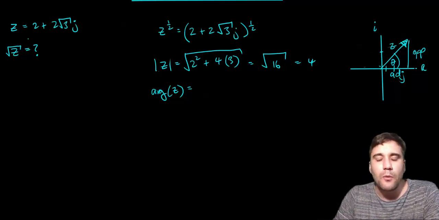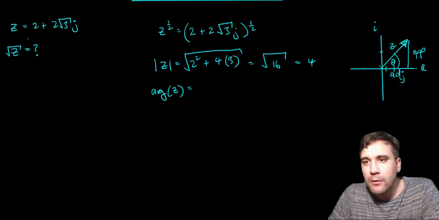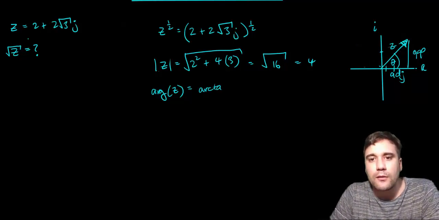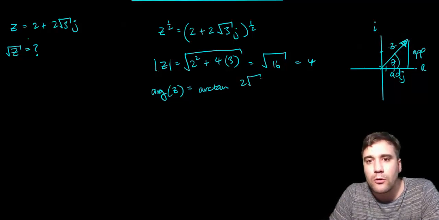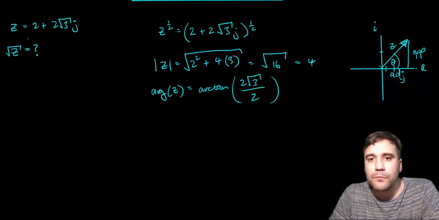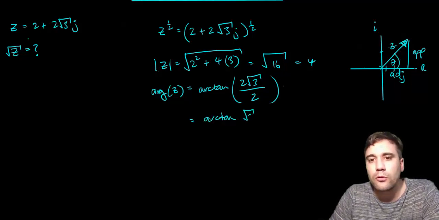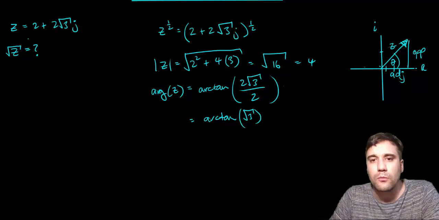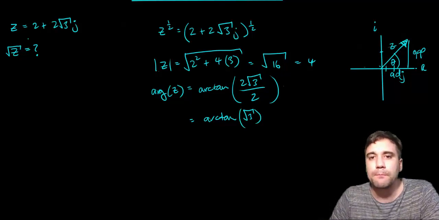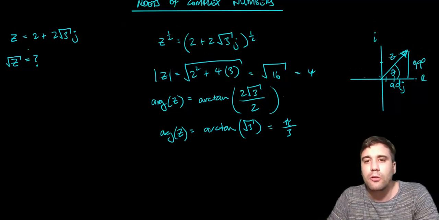So I won't dive into that, but the argument of z is going to be arctan of opposite over adjacent, so that'll be the imaginary component over the real component, which is going to be equal to arctan root 3, because the 2's will cancel out, obviously. So that works out to be pi on 3. So now we've got the argument of z.